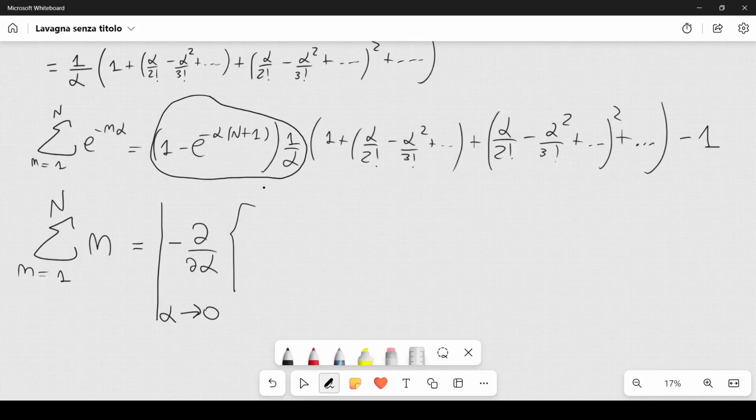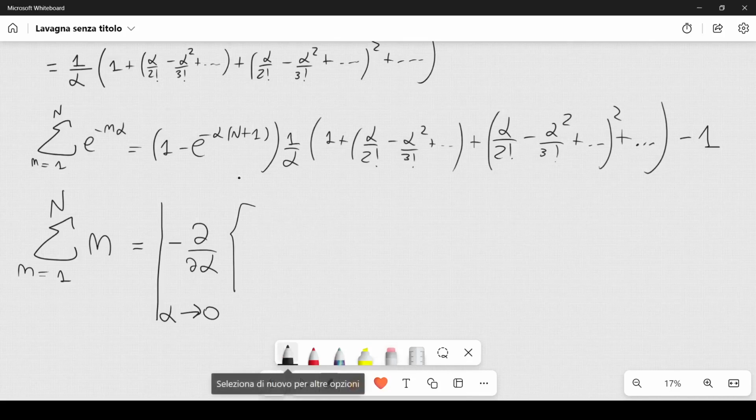If we expand it, in particular the numerator here, we have 1 minus, and then when we expand the exponential, we have another 1, right? This will cancel this 1 here, so I can get rid of that 1. Remember that we have this minus, then we have alpha times n plus 1, and in principle we could have other higher order terms.